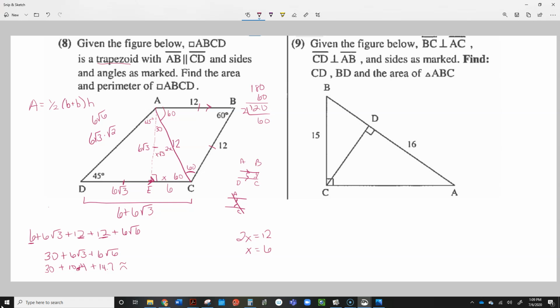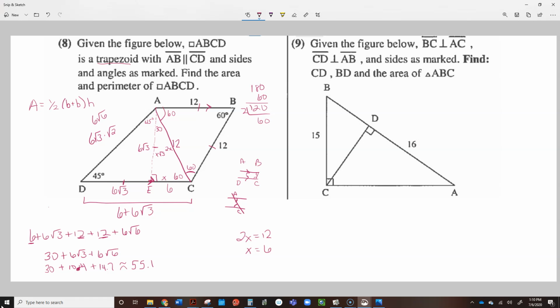So if I add those two together, I'm adding them together, so it's taking me so long. The final answer is going to be about 55.1.